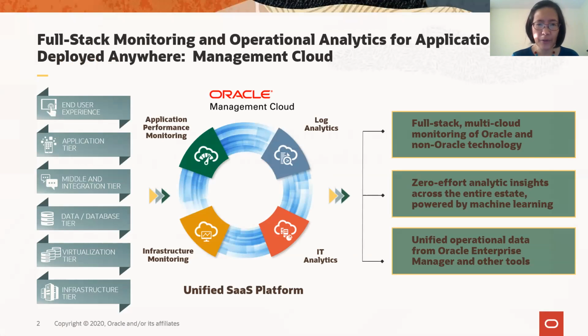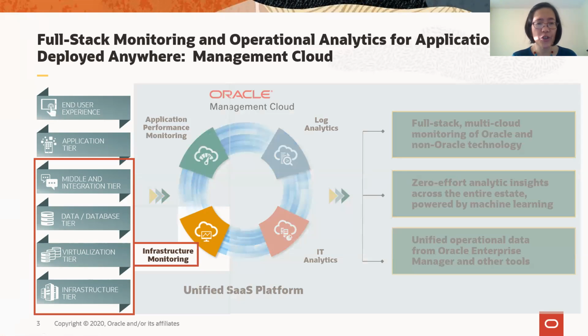Oracle Management Cloud, or OMC for short, is an integrated suite of cloud services composed of application performance monitoring, log analytics, IT analytics, and infrastructure monitoring. They are collectively built upon a unified data platform powered by machine learning and designed to offer monitoring and analytics capabilities for your applications as well as your application infrastructure running on premises or on the cloud.